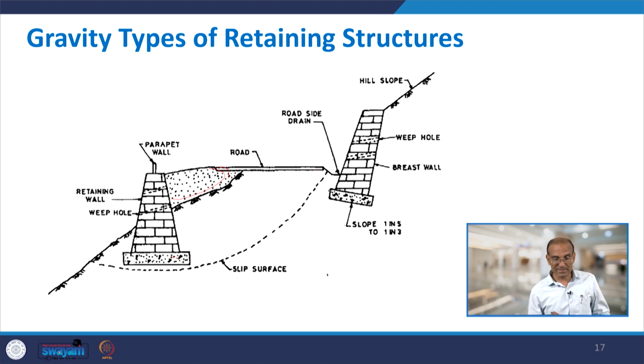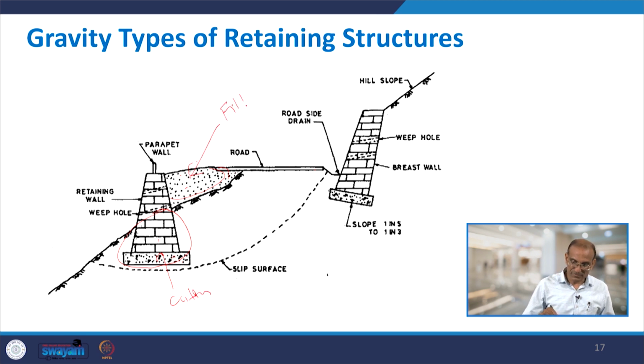This portion will be filled and this portion will be cut down to prepare the retaining wall. This part will be in cutting and this part will be in filling.